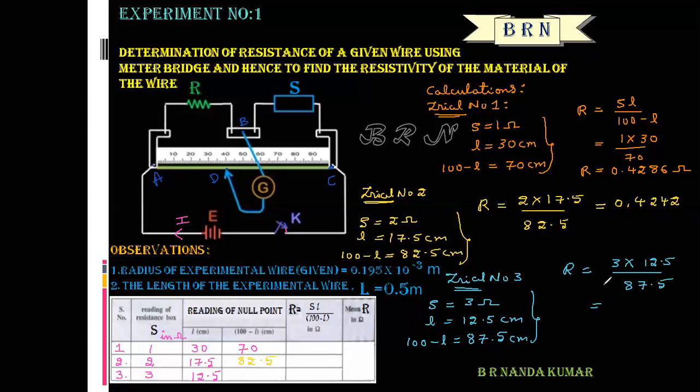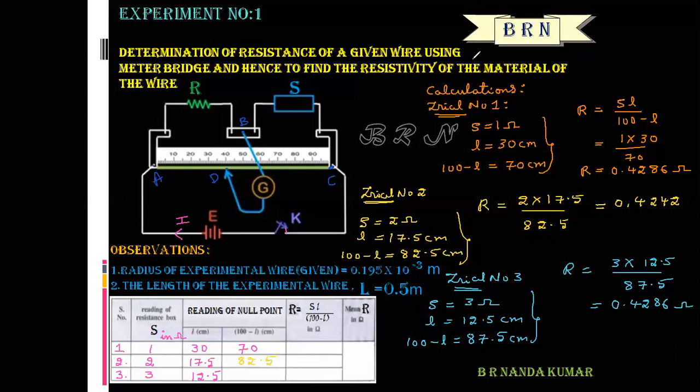So 3 into 12.5 divided by 87.5, you get 0.42857, approximately 0.4286 ohm.